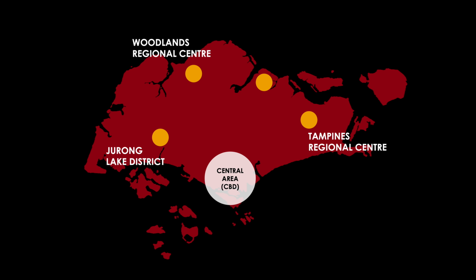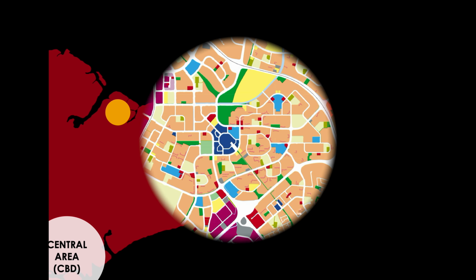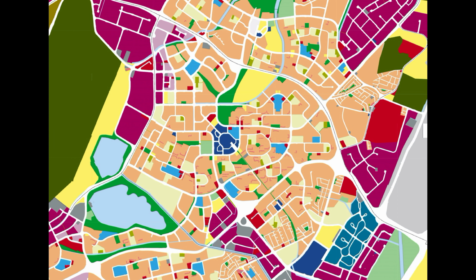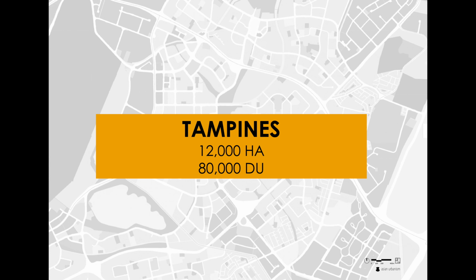Next is Woodlands Regional Center in the North region, and lastly, Seletar Regional Center in the Northeast region, which will be developed in future. Tampines has an overall area of 12,000 hectares and is projected to accommodate a total dwelling unit of over 80,000.